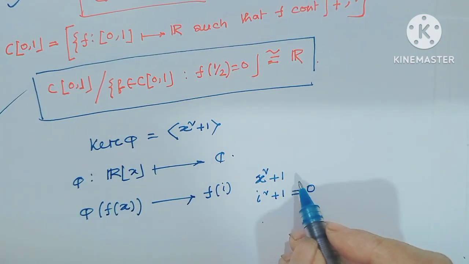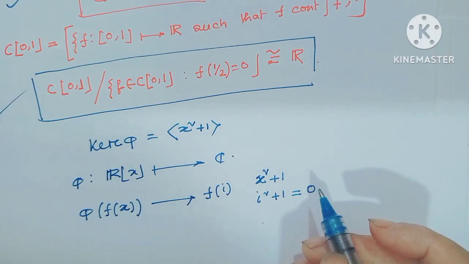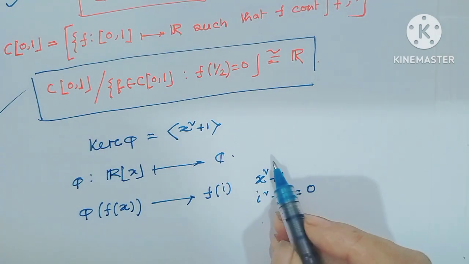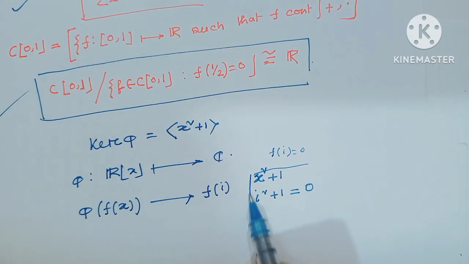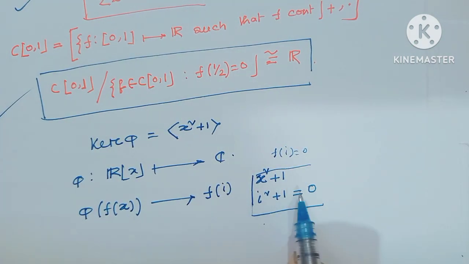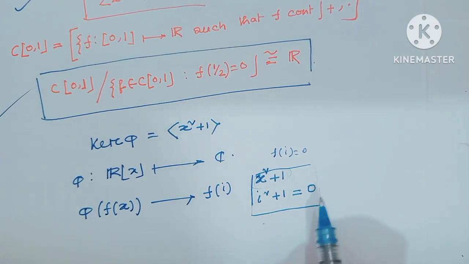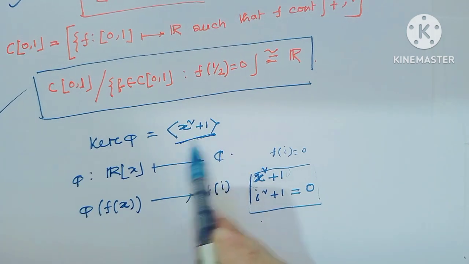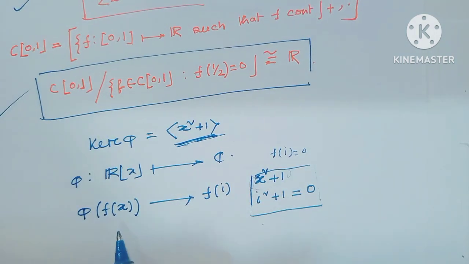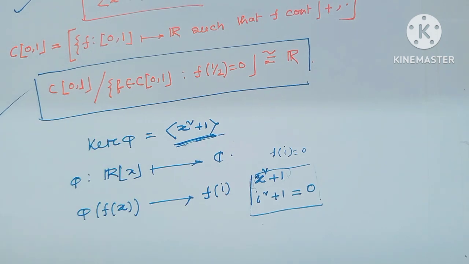So f(i) = 0, and obviously if you put i in this equation, then this would be 0. So for this kernel, the function would be of such type: φ(f(x)) = f(i).